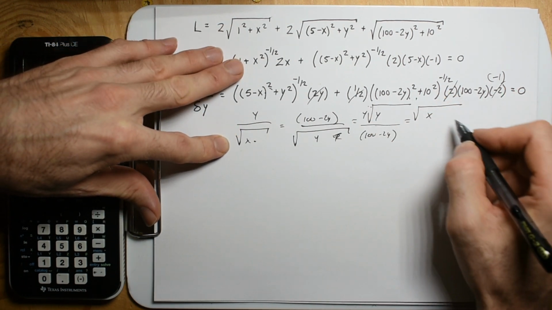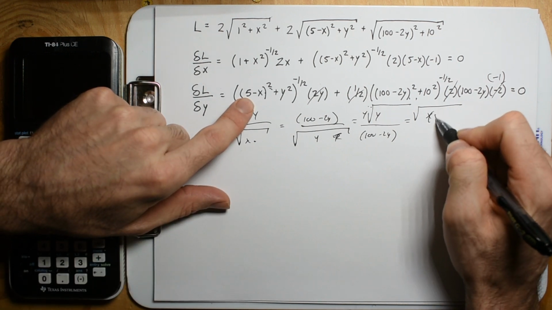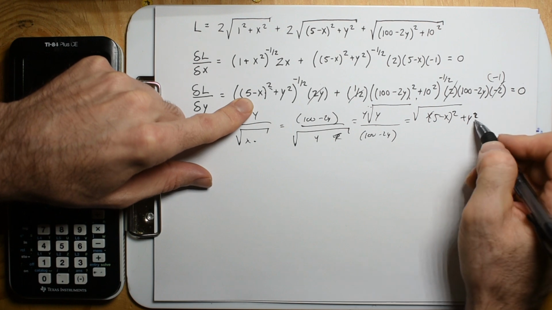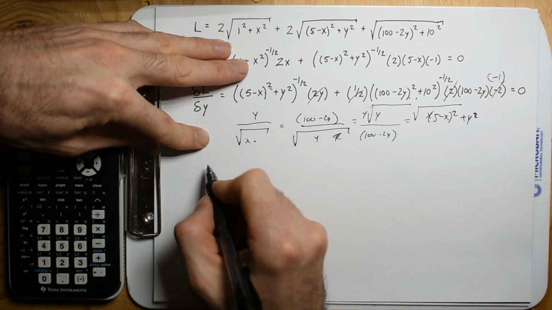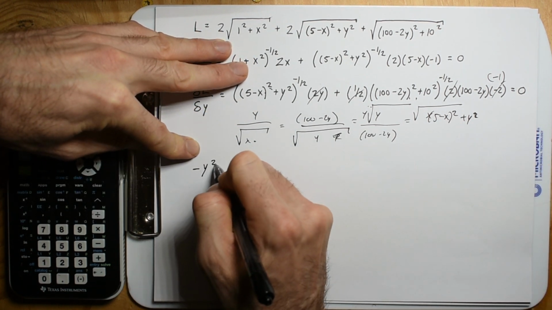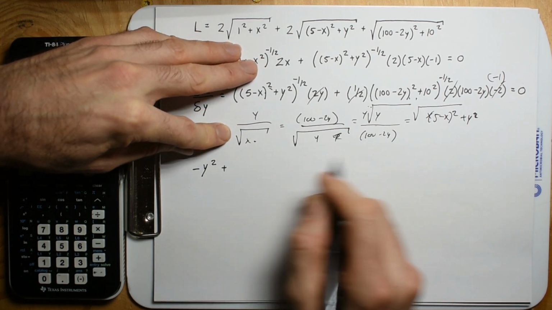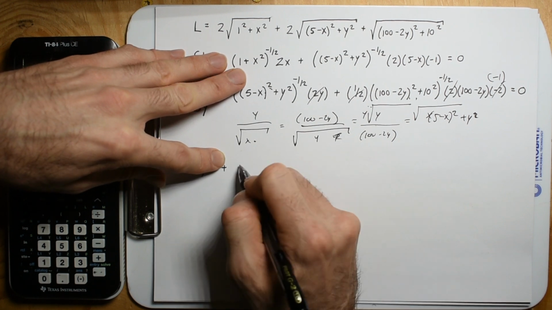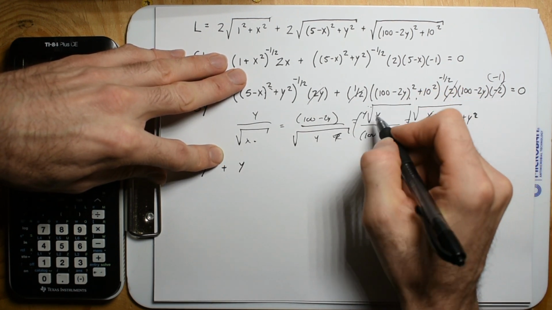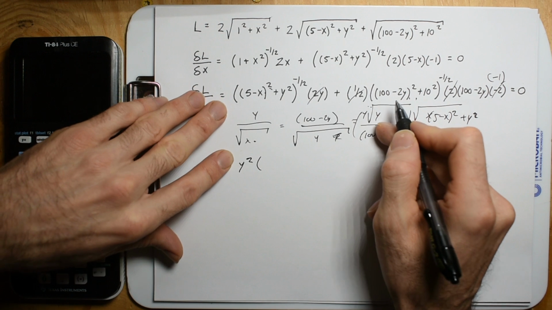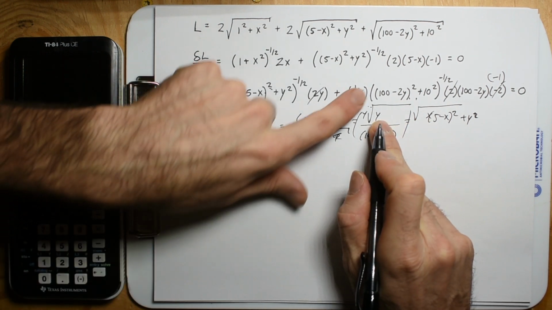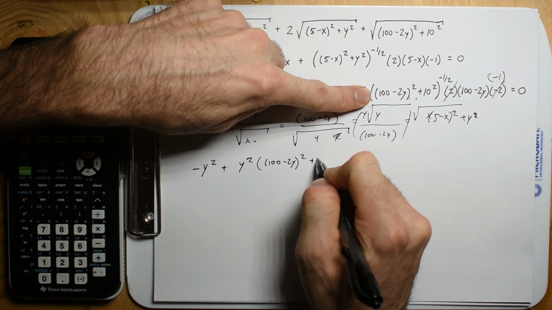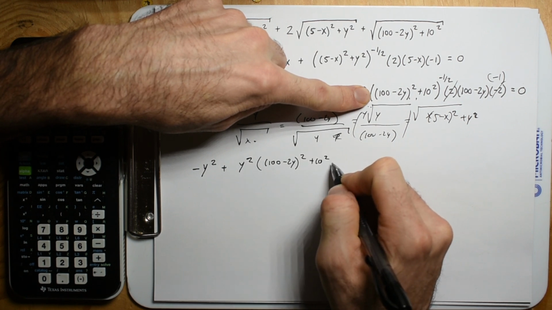And well, if we square both sides, this is going to be 5 minus x squared plus y squared. So then when we do that, we can subtract y. So there we go. So we're going to do minus y squared plus, so now we have this side. This is going to be, and we squared this side, so we have y squared multiplied by this thing, which is 102y squared plus 10 squared.